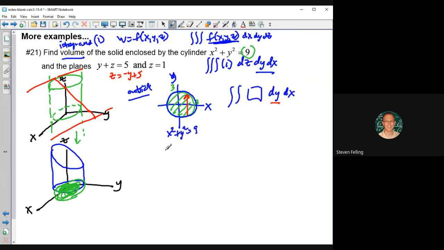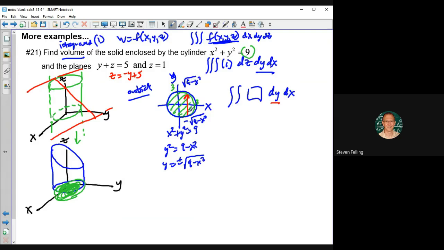So if I solve that for y, y squared is 9 minus x squared, y equals plus or minus the square root of 9 minus x squared, right? So the lower boundary is the negative version, negative square root of 9 minus x squared, and the upper boundary is the positive version, square root of 9 minus x squared.